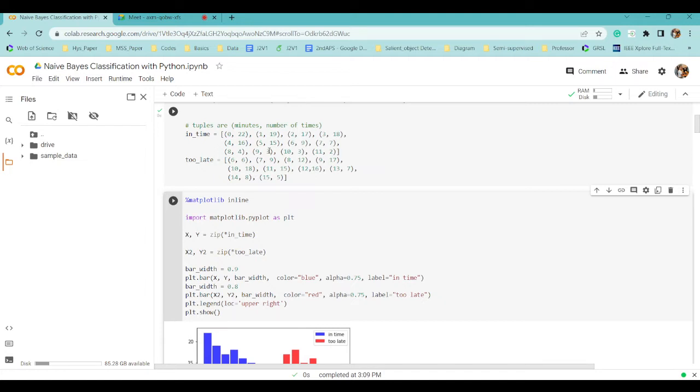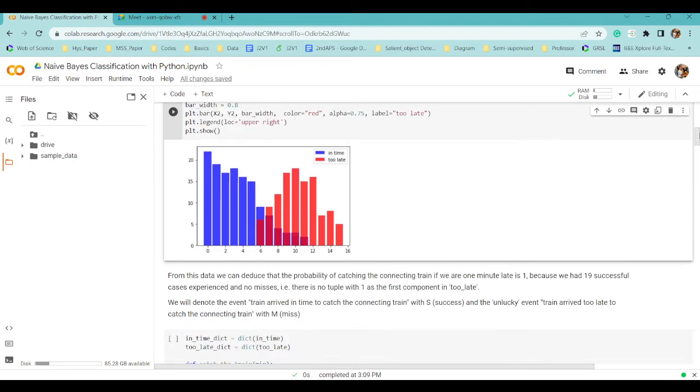Remember my class on EDA. It's similar to that, how we can visualize our data. So I have plotted both the in time and too late data that has been provided. Here you can see the blue is in time and red is too late, and the extra red you can see is how many.